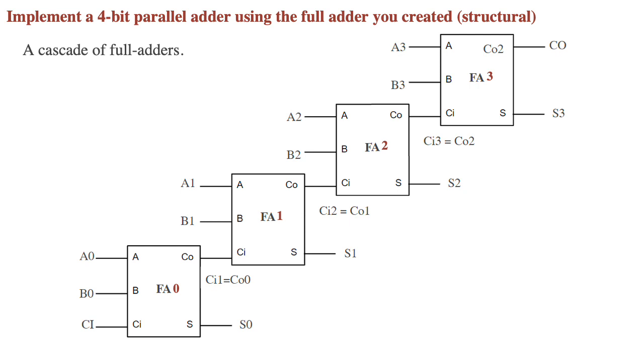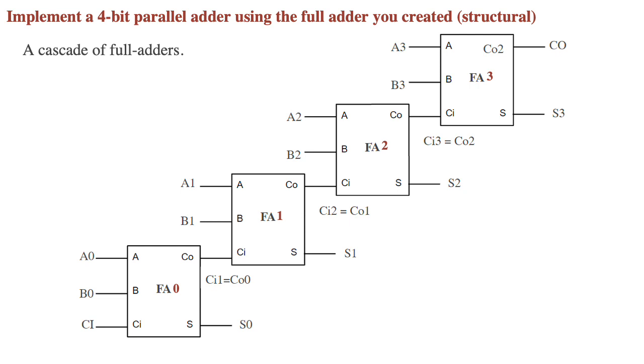We'll simply use 4 full adders in cascade, where the Cout of each full adder is connected to the next full adder's Cn. So the Cout of the first adder is the Cn of the second full adder. Cout of the second full adder is Cn of the next full adder, and so on, until you reach the last full adder. Once we reach the last full adder, we're going to output this as the Cout of the parallel adder itself.